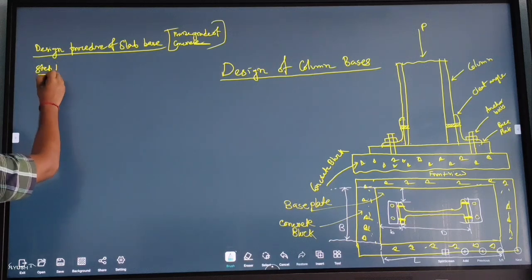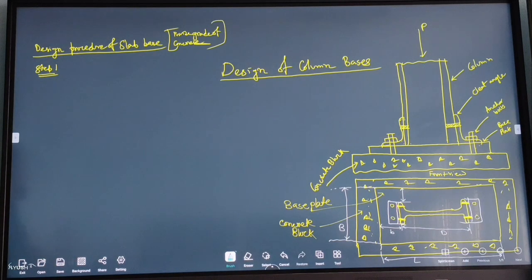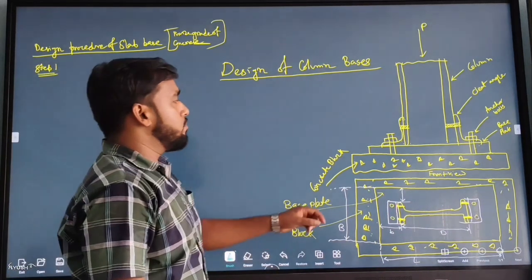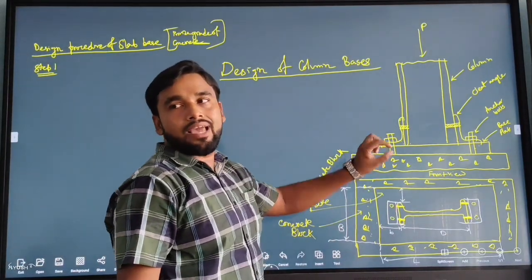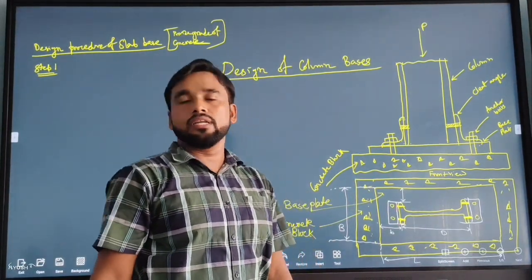Step 1. First you have to calculate the bearing strength of the concrete. This is the concrete block. We have to calculate the bearing strength of the concrete.